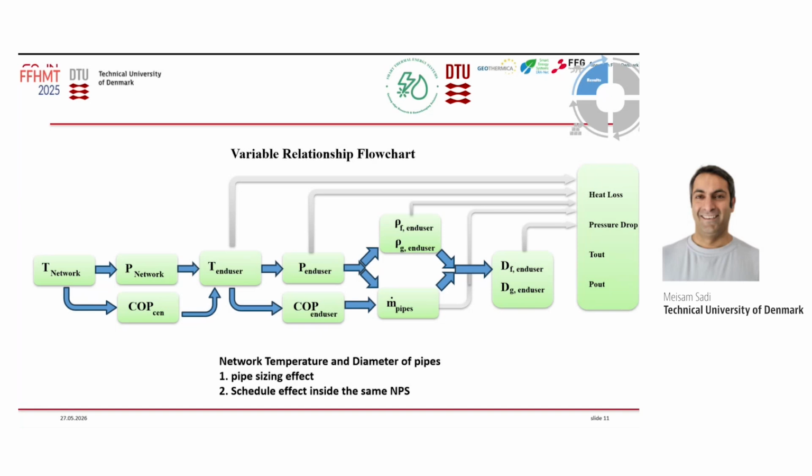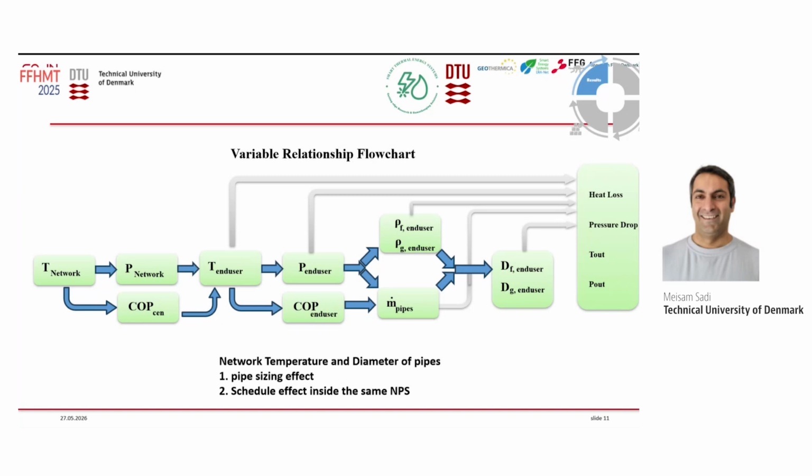But among all of these parameters, the sizing of the pipe is a significant parameter affecting the behavior of the system, because when we optimize the temperature in the network, the hydraulic design of the system, by which I mean the pipe size and the schedule, the thickness of the pipes, could introduce some discrete jumps in the calculation for the pipe size.